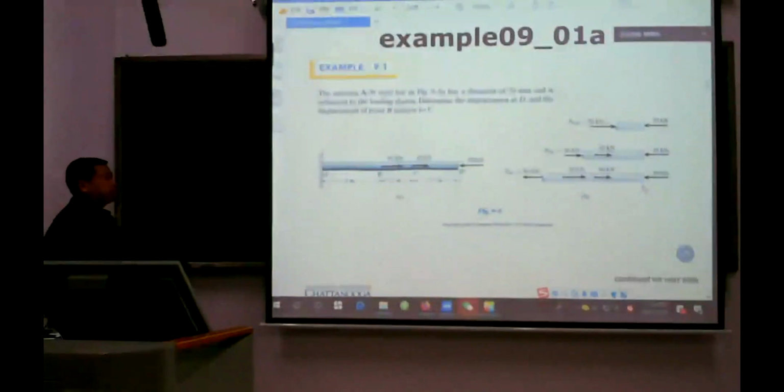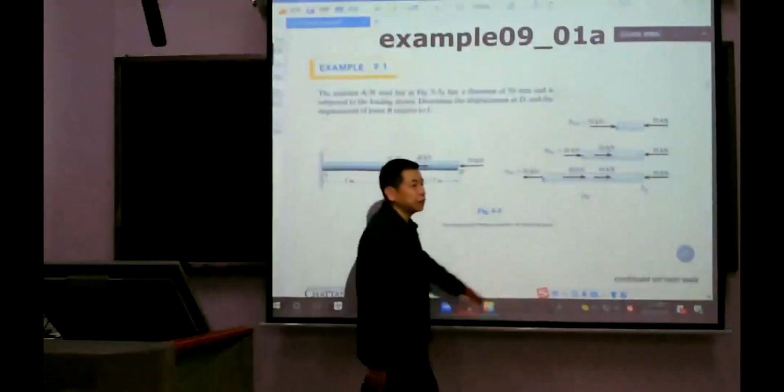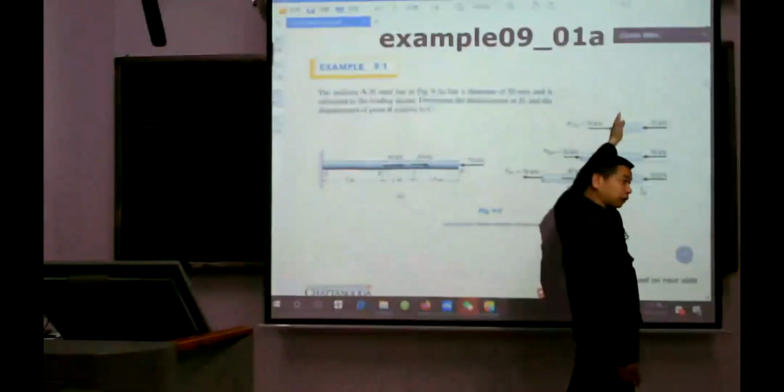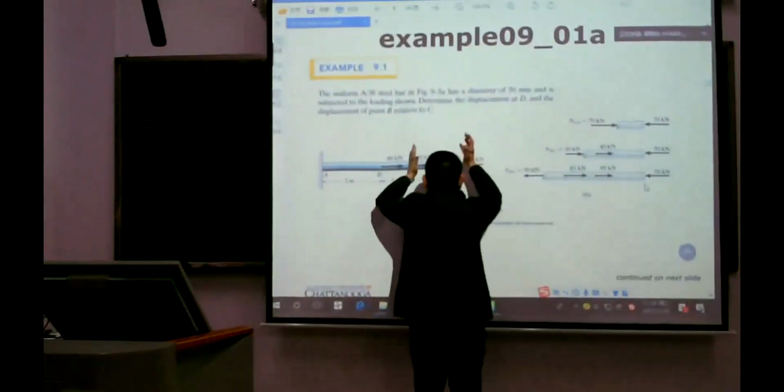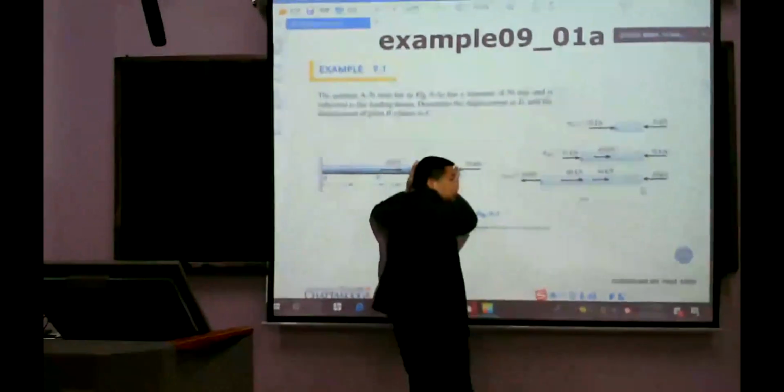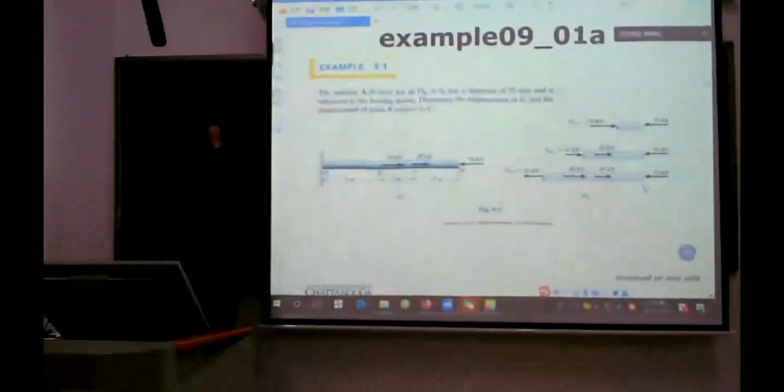Yes or no? At first make a cut at the axial section in this part. So make a cut.